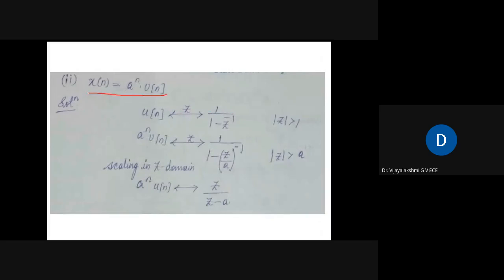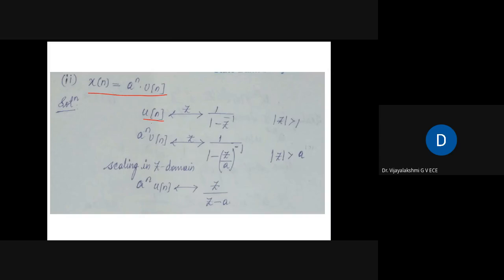To find this, I'll start from the basics. Our reference signal is u of n, whose Z transform is 1 by 1 minus Z inverse. Now this u of n forms a Z transform pair with 1 by 1 minus Z inverse.